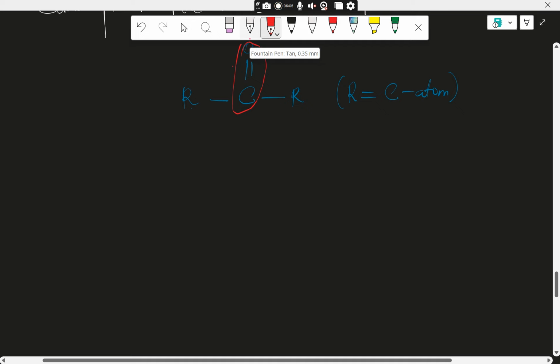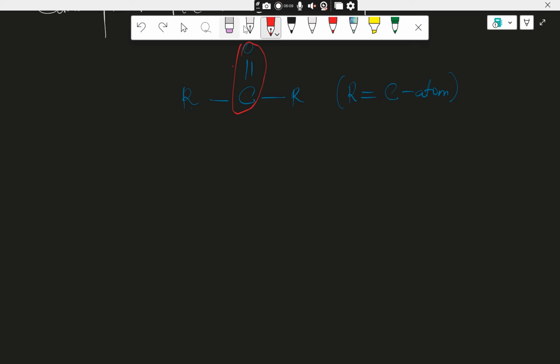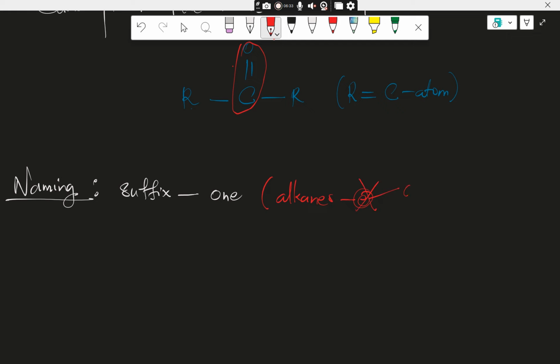So, some examples of ketones. Actually, before we get to examples, let's name them. We already know what the prefix will be, so let's skip that. For the suffix, it will be "one". For alkanes you end with an E; replace that E with "one" and then you have ketones.